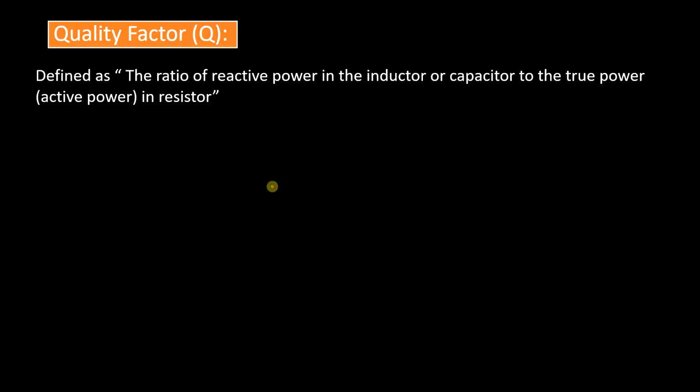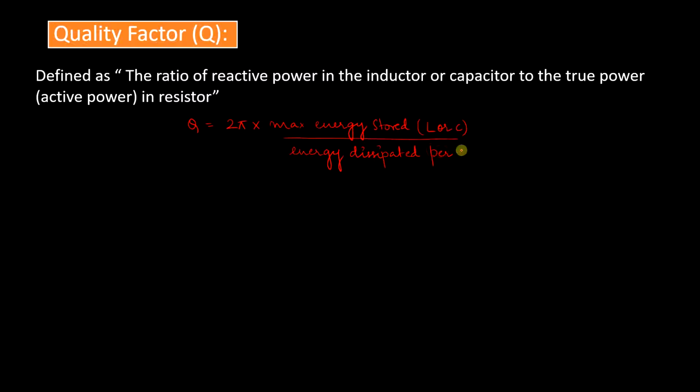Mathematically, the quality factor is given as Q equal to 2 pi into the maximum energy stored in the inductor or the capacitor, divided by the energy that is dissipated per cycle.